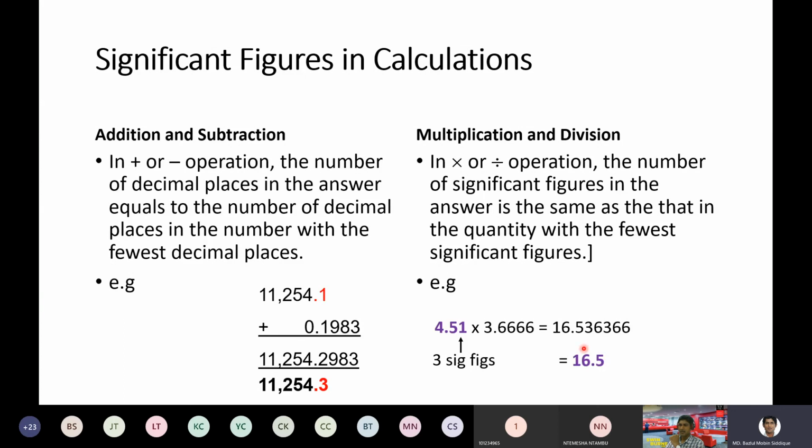The final result will be 3 significant figures as well. All right. So do you have any question about the significant figures now? Is there any question for the significant figures?